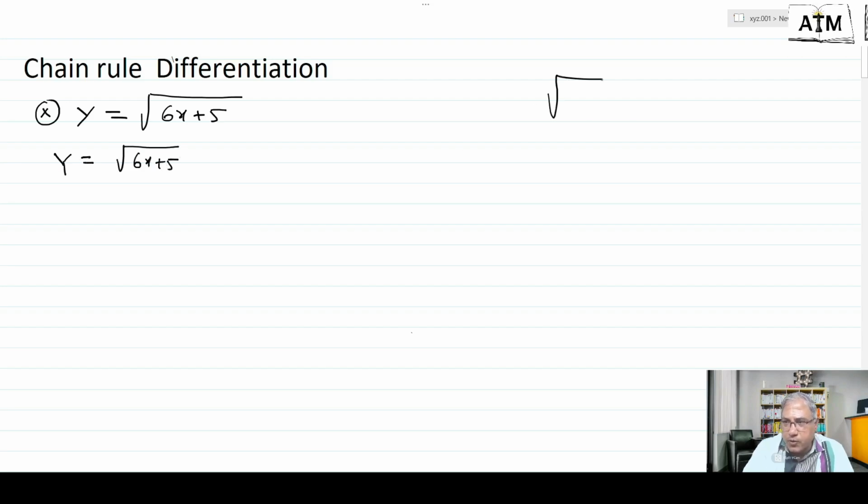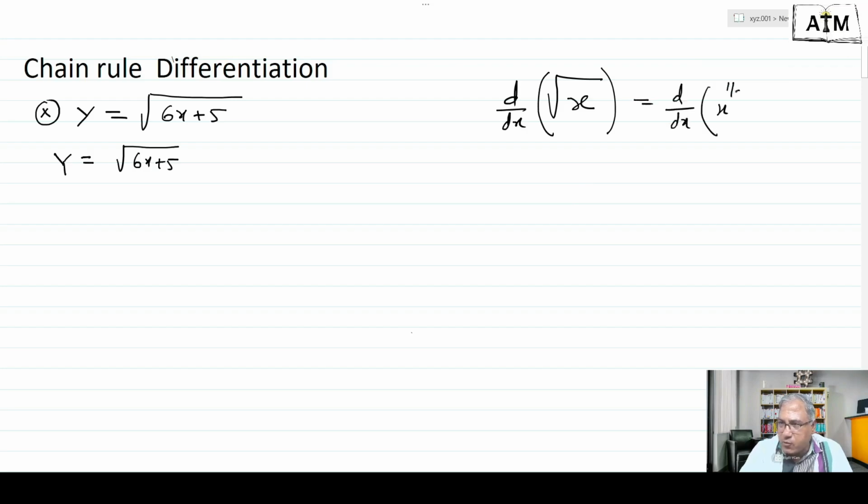Suppose only root x is there, then I will give you one formula. Whenever the root x is coming, what is the derivative of the root x? I am going to give you one shortcut idea to remember the derivative of root x. So here I have root x. Root x can be written as x raised to 1 by 2.